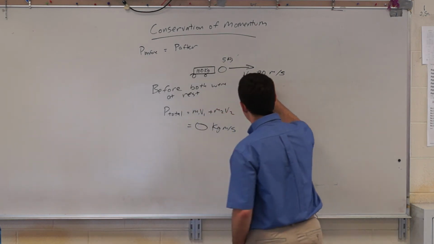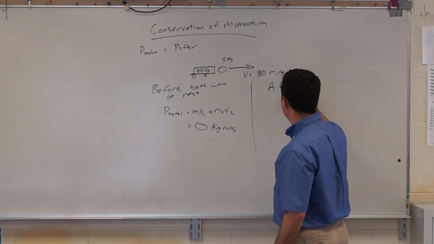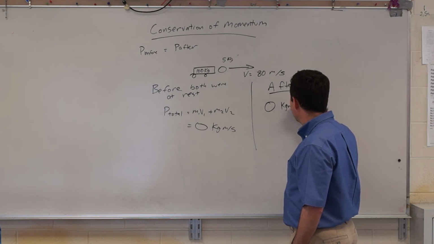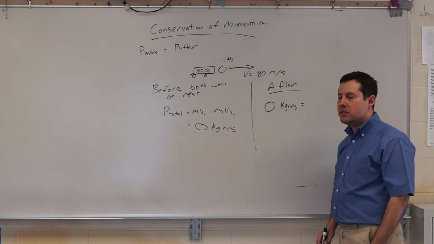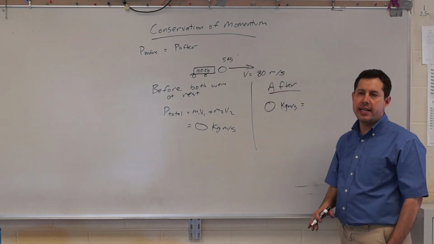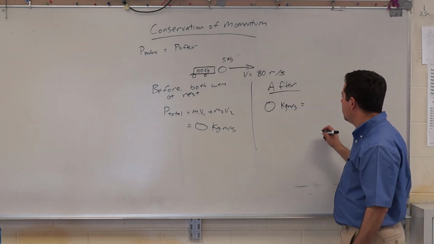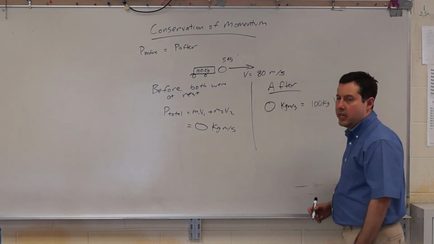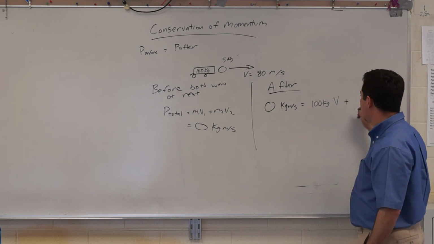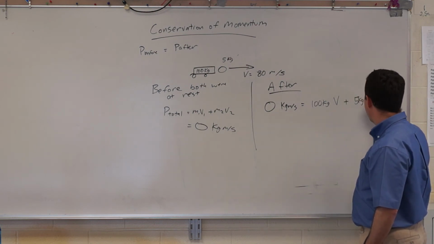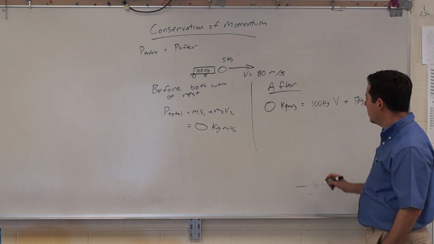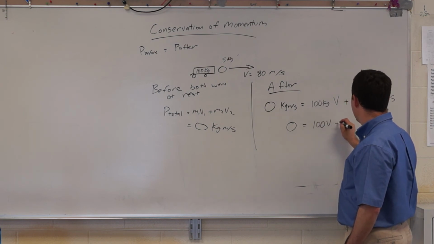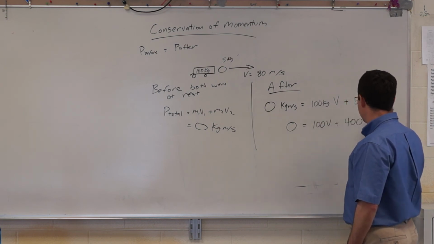So now let's go to afterwards. Afterwards, you still have 0 momentum. That's because the objects' momentum going in each direction has got to be equal and opposite. So you have a 100 kilogram cannon going at some velocity, we don't know what that is, plus a 5 kilogram cannonball going at 80 meters per second. So you end up getting 0 equals 100 V plus 400.